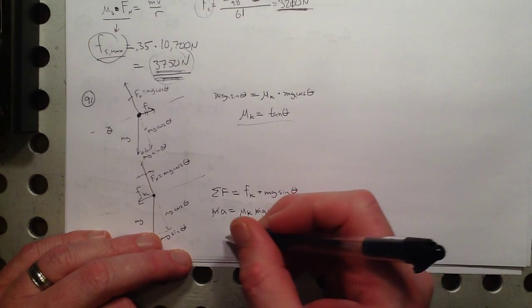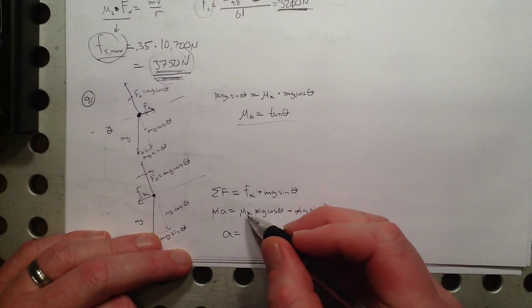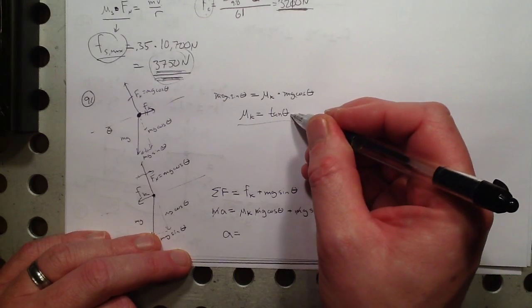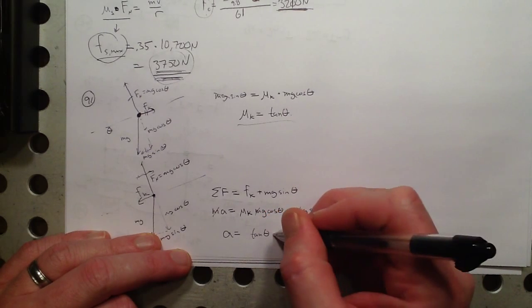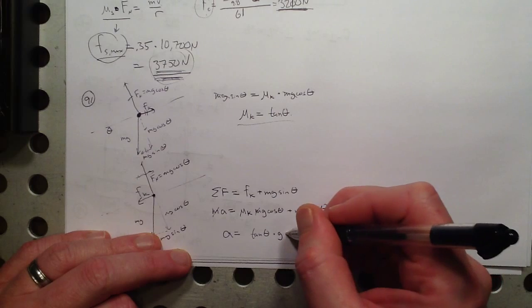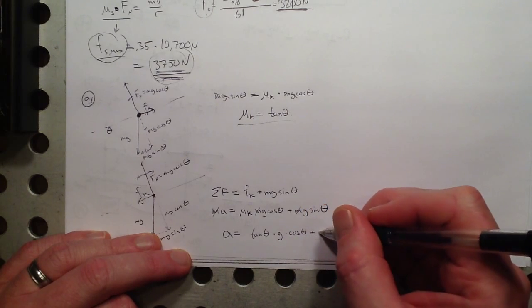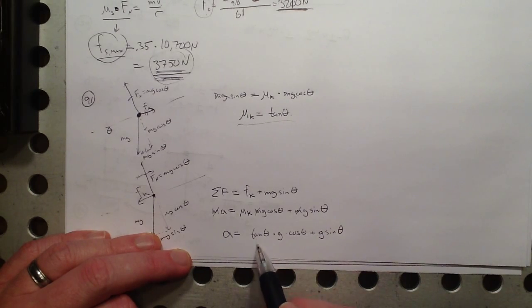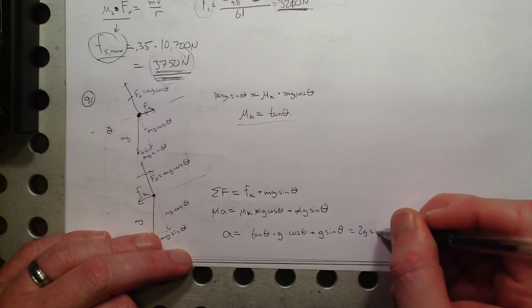And so the acceleration of the block is equal to the coefficient of kinetic friction, which is tangent theta, times g times cosine of theta plus, you know what, there's an easier way. And then this is sine over cosine, so the cosines cancel out. Yeah, that's 2g sine theta.